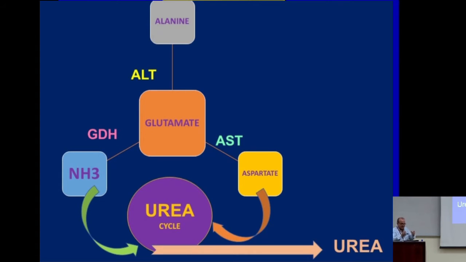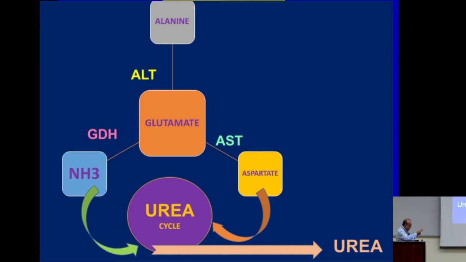It will incorporate two nitrogens in a molecule called urea. Urea is non-toxic. You may think otherwise, but urea is non-toxic. It can be transported in the bloodstream and excreted by the kidneys. Okay, that's the first important thing to think about: the urea cycle is about metabolizing nitrogens, about disposing of ammonia and nitrogens in a non-toxic way.